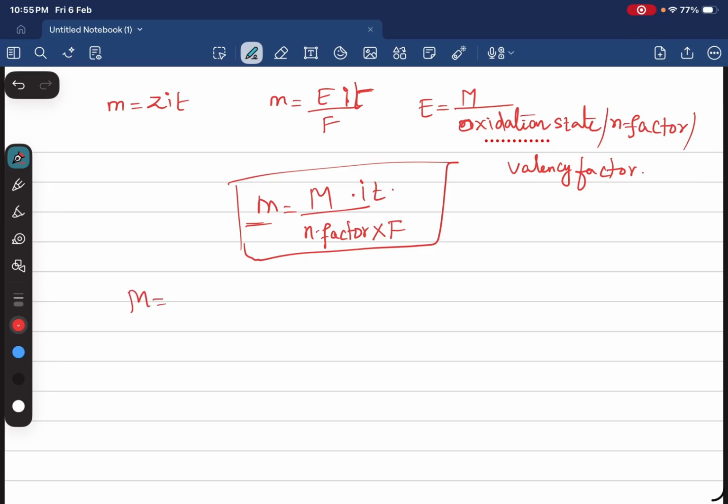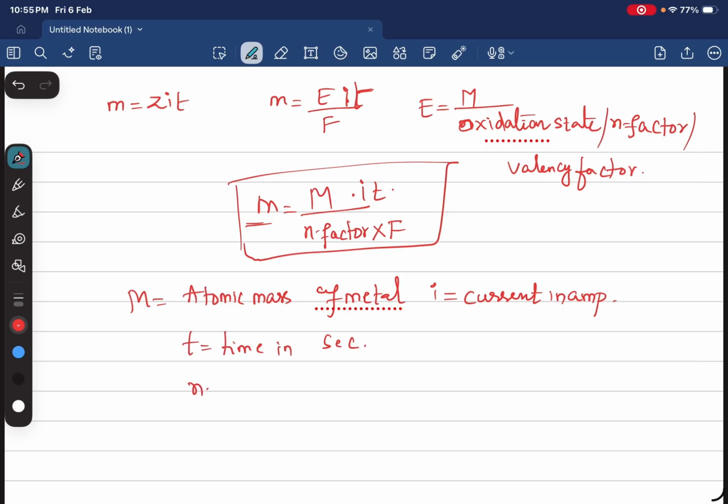Here capital M is atomic mass of metal, I is current in amperes, T is time in seconds, N factor is oxidation state of metal, meaning how many electrons are lost by the particular metal ion, and F equals 96,500 coulombs. Small m is the mass of metal deposited.